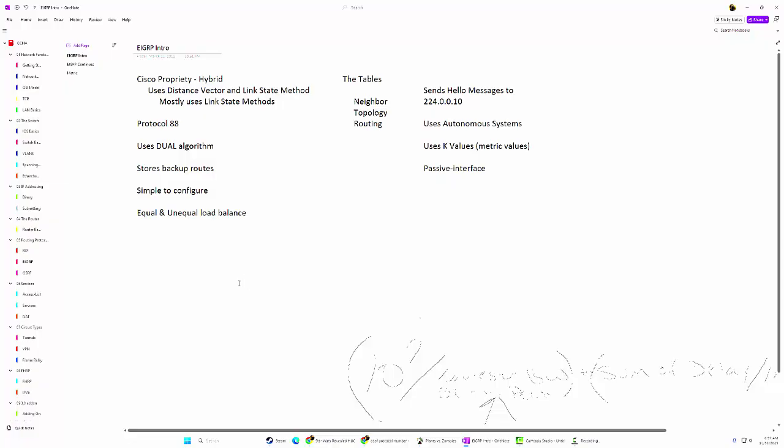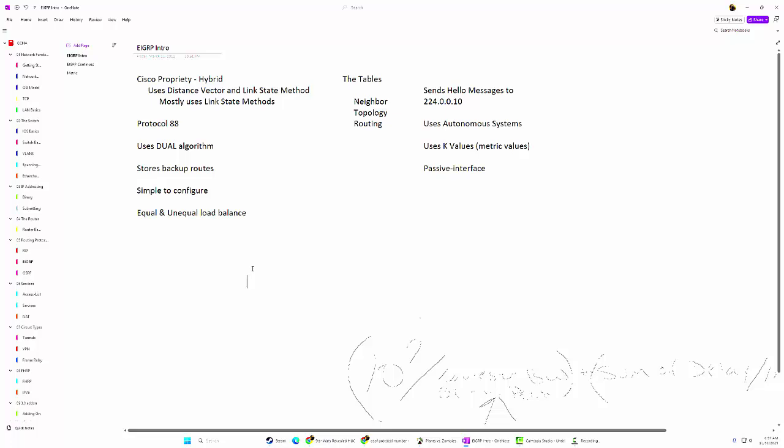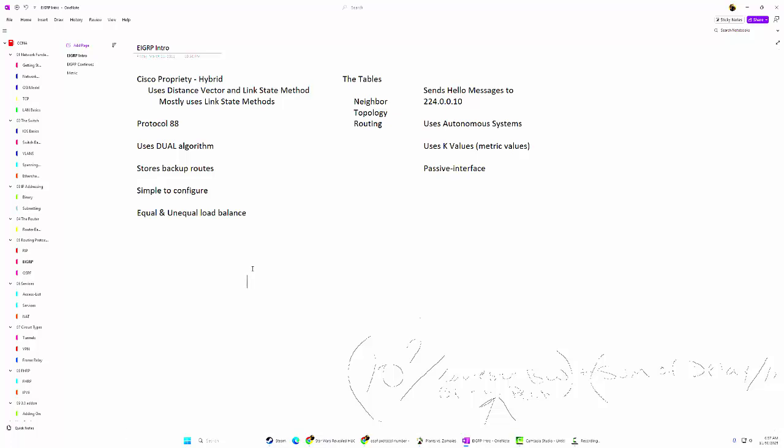We can use what's called the variance command to say, hey, we'll give this a variance of 5 instead of 1. With a variance of 5, think of it as the metric could be up to 5 times worse. It's not a science, it's just an idea to make you see what I'm talking about.